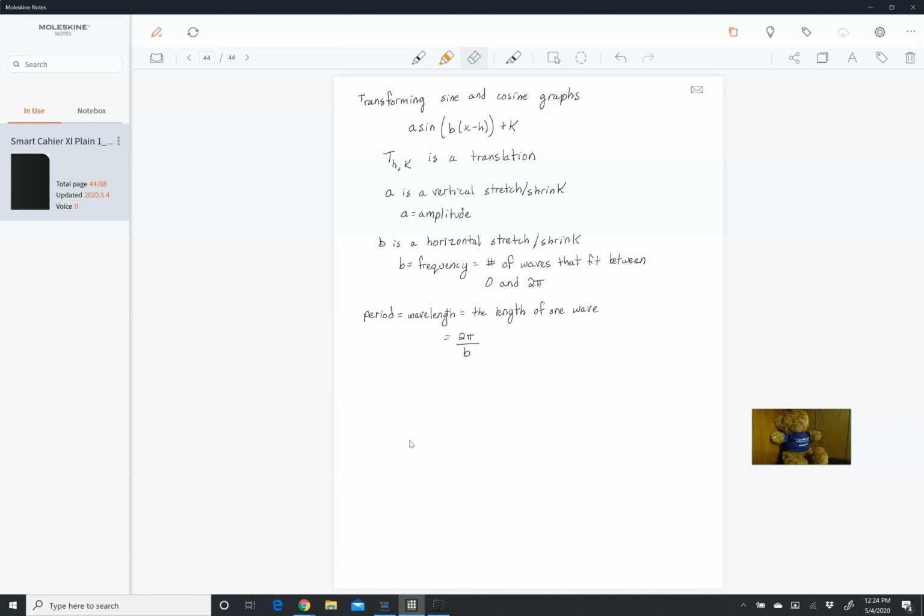So this is not in the equation, right? It's not in the equation, but it's saying if you have 8 waves that fit between 0 and 2 pi, then one wave is just 2 pi divided by 8.